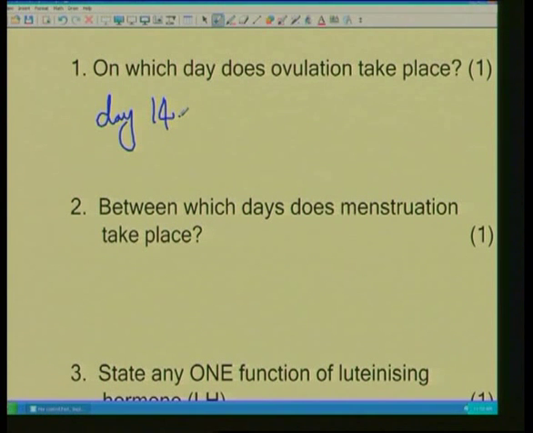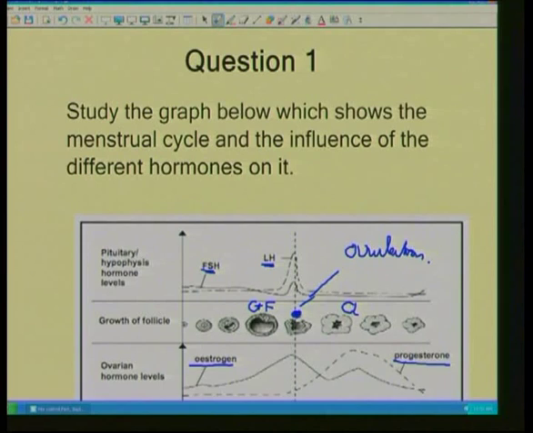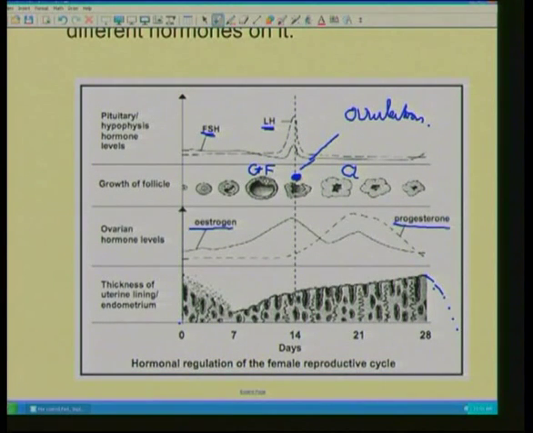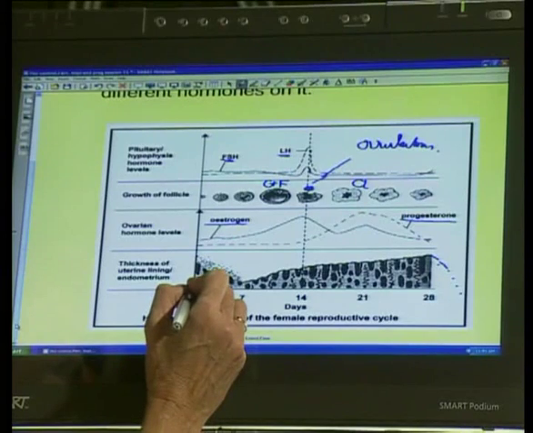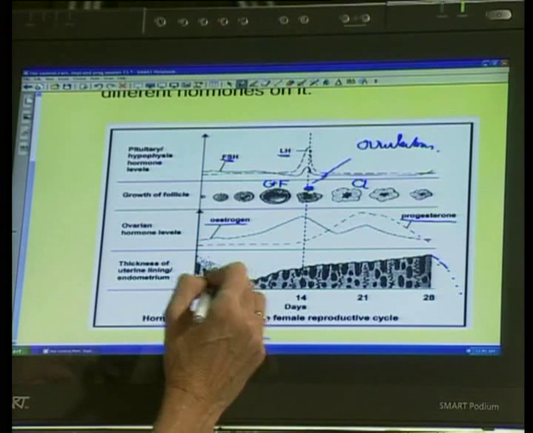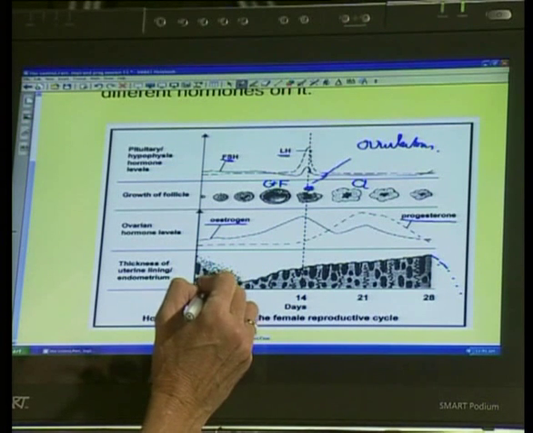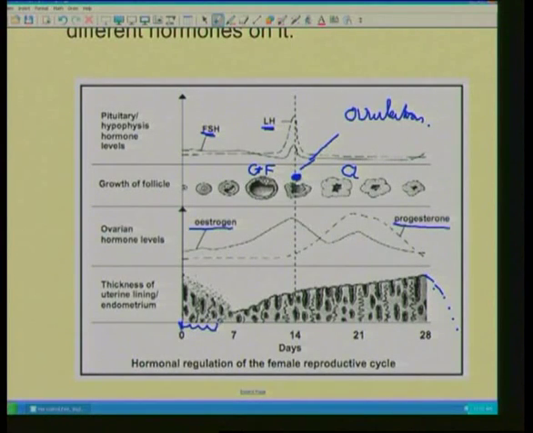Okay, now we look at between which days menstruation takes place. So again, we go back here and say, where would menstruation be? It's approximately day 1 or day naught. So we've got day 1, 2, 3, 4, 5, 6, 7. It will be about there.